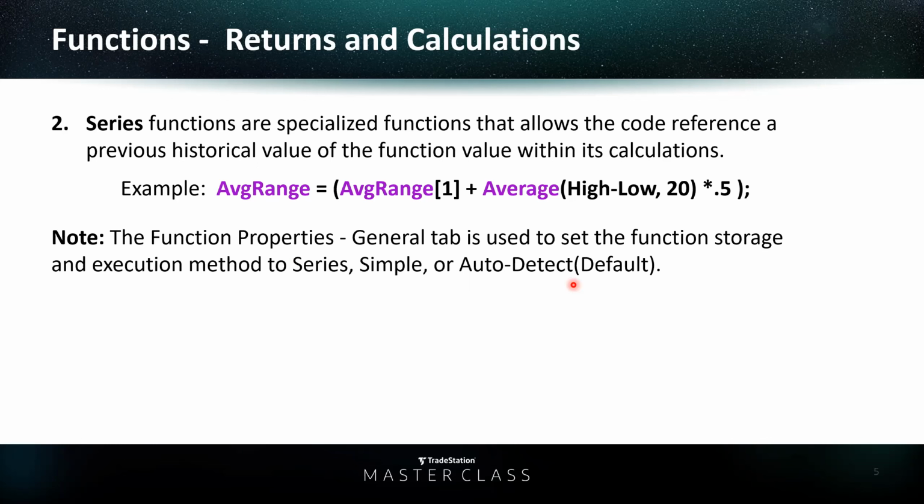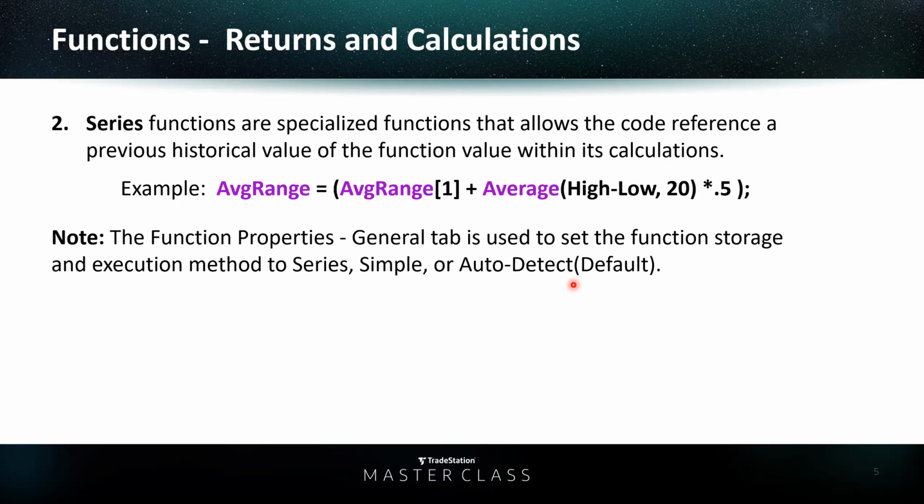There are a lot of things in EasyLanguage that are set automatically. For example, the typing of variables, if it's going to be a double or an integer or a float, that type of labeling on these variables is standard programming syntax.